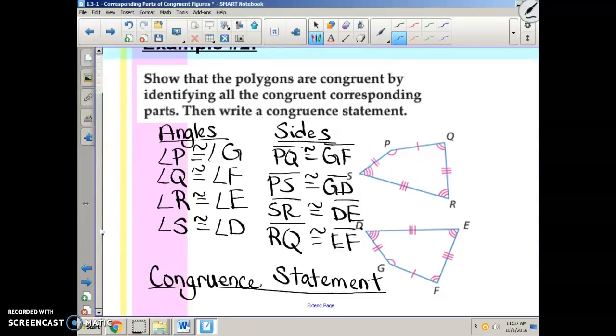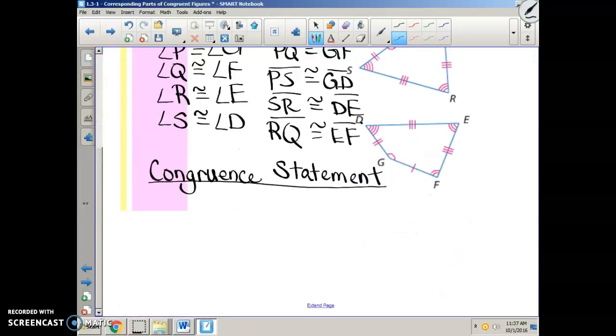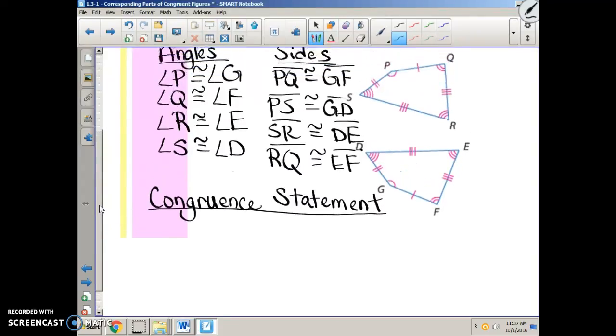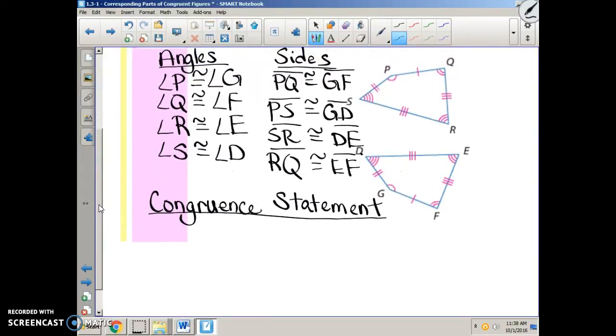And do not forget the congruent statement. Now, for 4-sided figures, we don't actually have a symbol. I don't know why, but apparently we don't. For triangles, you do, but since we don't have a symbol for it, we're just going to write the letters. And I'm actually going to use this up here to help me. It has to go in the correct order, so if I'm going to go P, Q, R, S is congruent, I need to match it in the exact same order.